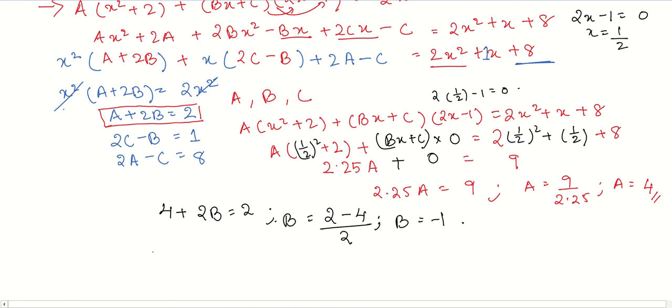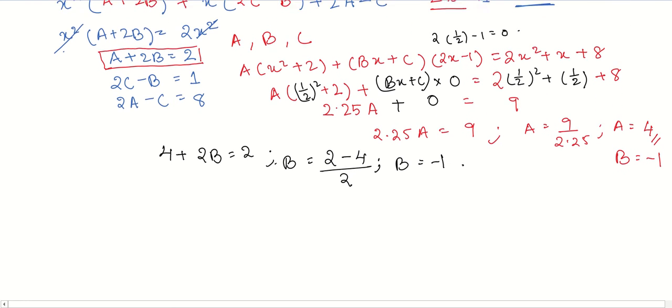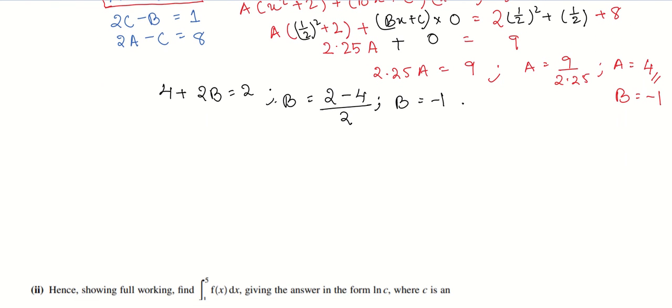Now we're left with c. We have a equals 4, b equals minus 1, all right? Now we have to find c. We'll use this or that. We're going to use this now.